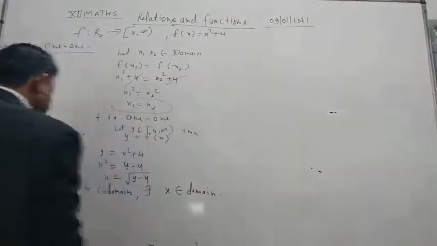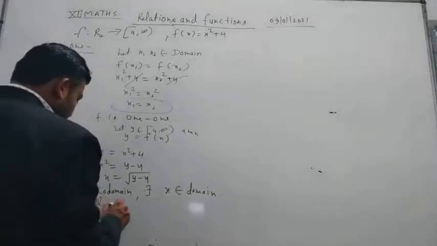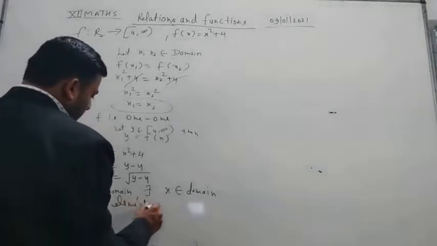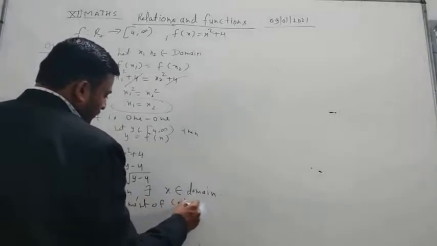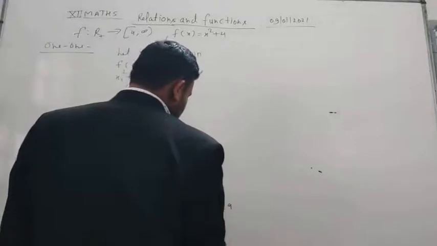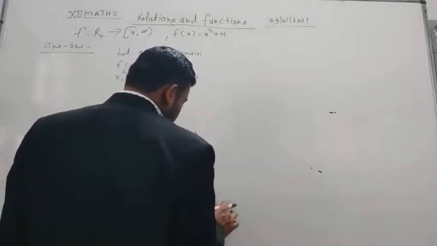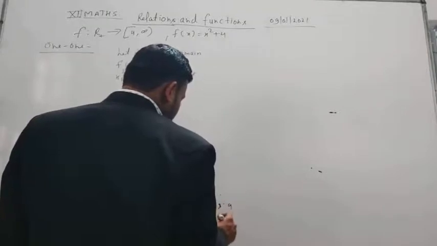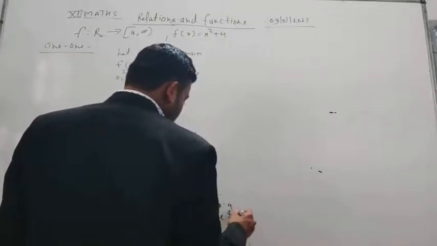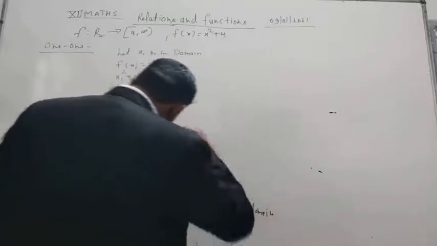That is, all elements of the codomain have a pre-image in its domain. Okay, students.